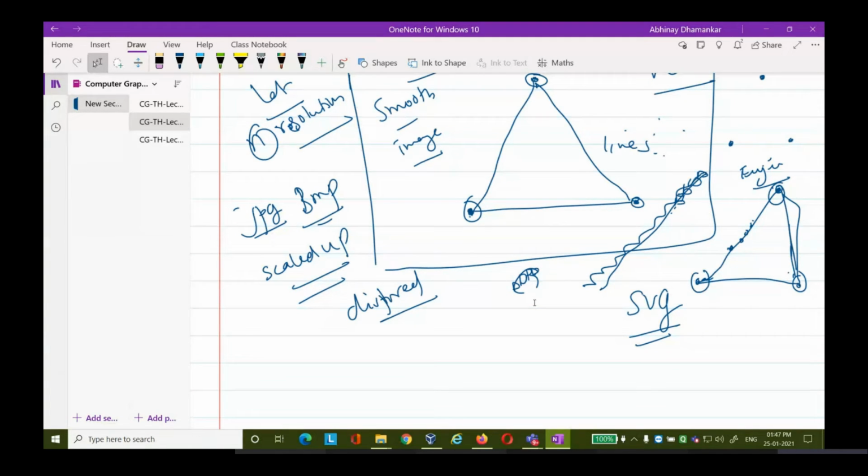So now the discussion is about what the display file contains. Display file contains some amount of coding, some amount of opcode and their commands and related information.